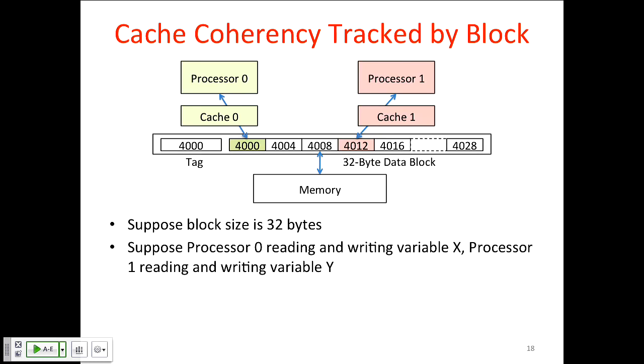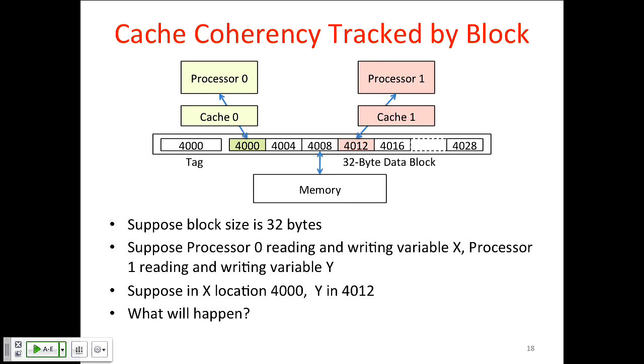They just happen to map into the same cache line. The memory system moves things around in units of cache lines. So the problem is that if they're both reading and writing these two variables, they're independent variables. They're not touching the same location in memory. They're just touching the same cache line, and the coherency is tracked at that granularity. So what's going to happen if this one reads and writes and this one reads and writes these locations?